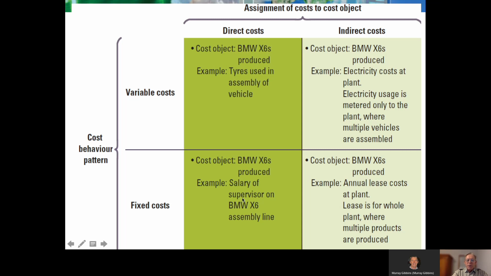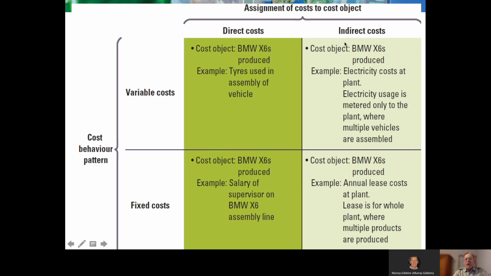And if there was a supervisor who was only involved in this particular product, then it's pretty easy to cost his salary and charge it to the particular product, but it will be a fixed cost. So again, it's not going to change. We're going to pay him a salary no matter how many BMWs we produce. But of course, remember that the more BMWs we produce, the cost of this fixed cost per unit will drop.